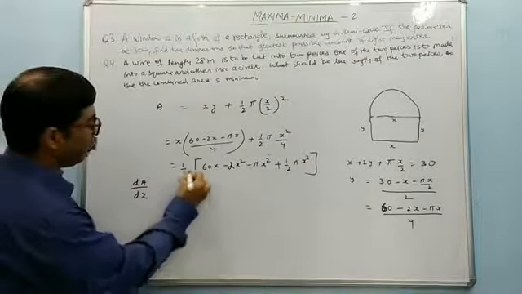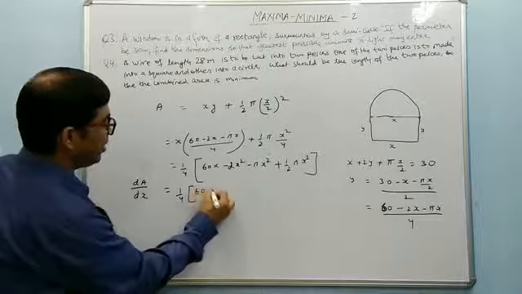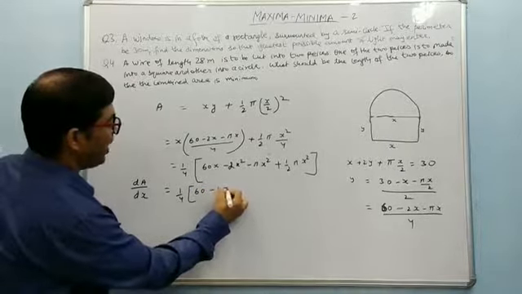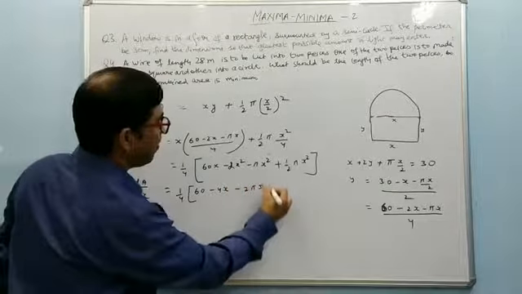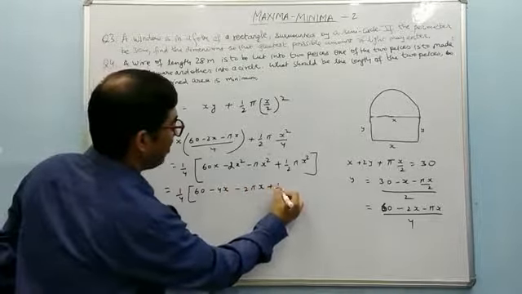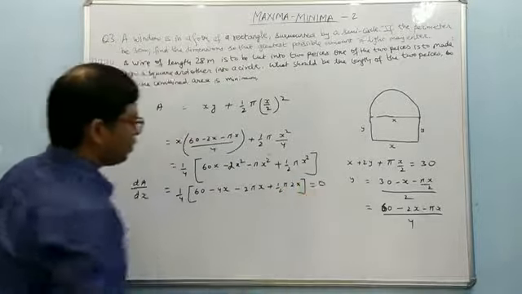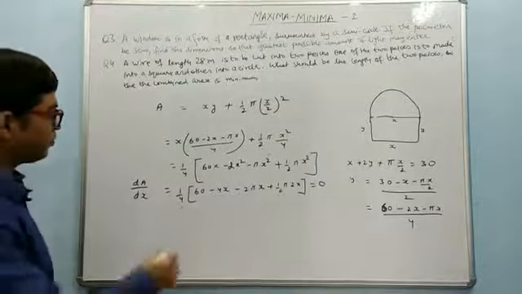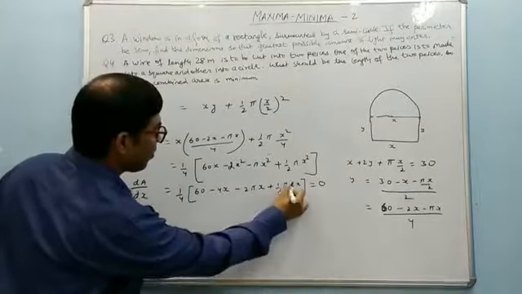Now you just differentiate dA by dx. So it is coming out to be 1 by 4. This is just 60 minus 4x minus 2 pi x plus 1 by 2 pi into 2x. That we have to put equal to 0. So we will just combine the x things here.